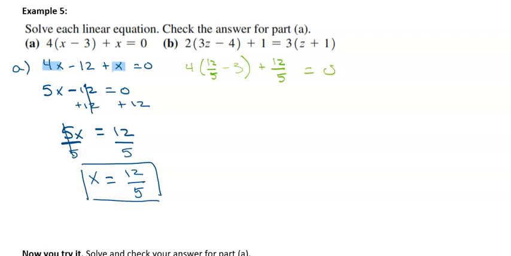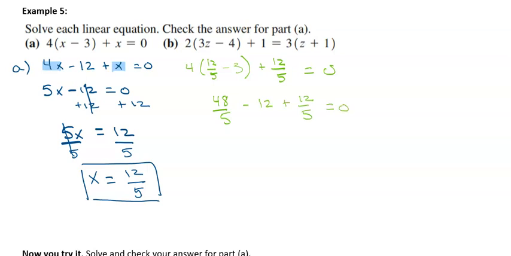All right, so that's a little bit of a mess, but we've got 48/5 minus 12 plus 12/5. Does that equal 0?